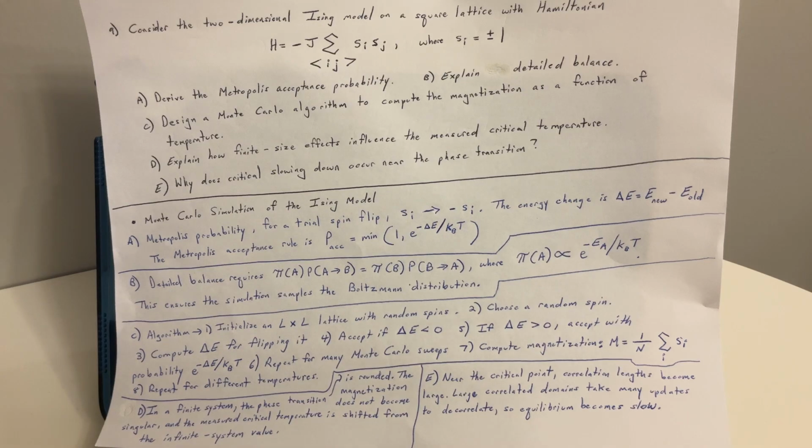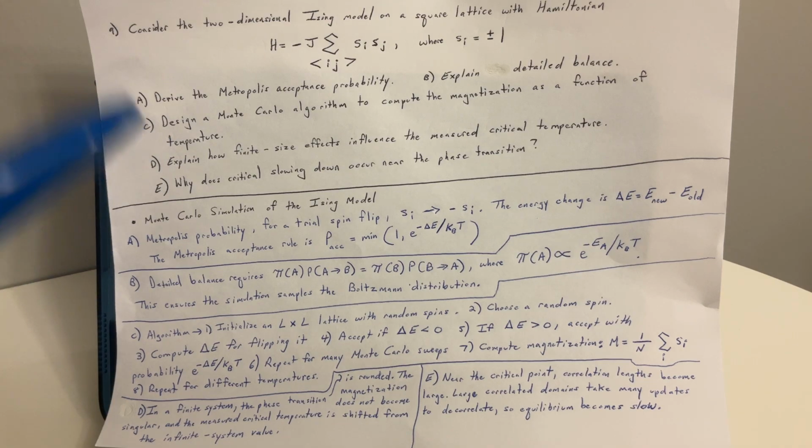If delta E is greater than 0, accept with probability e to the negative delta E over k sub B T, and then we repeat for many Monte Carlo sweeps. We then compute the magnetization, M equals 1 over N times the summation of S sub i, and then we repeat for different temperatures. So that's a condensed version.